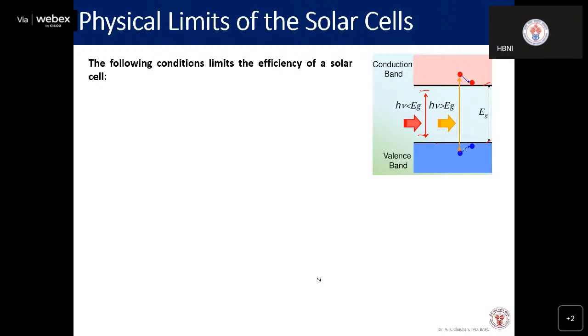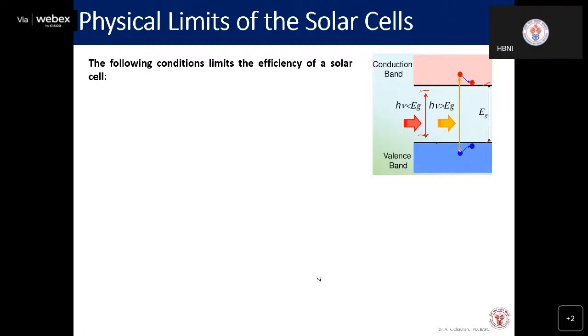So what has happened? A hole is created at this place, and the electron has been placed on a higher electronic state which was there. Now immediately this electron at the higher state will come down to the bottom of the conduction band.